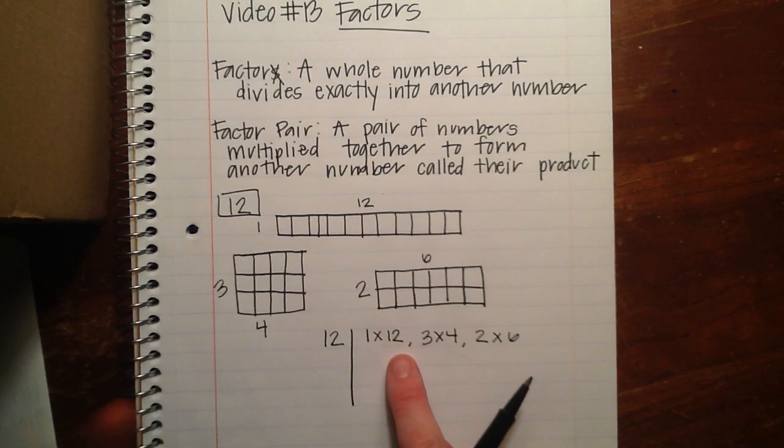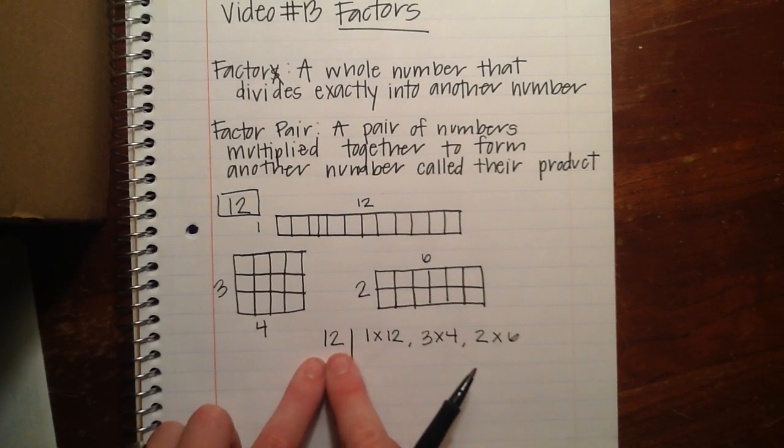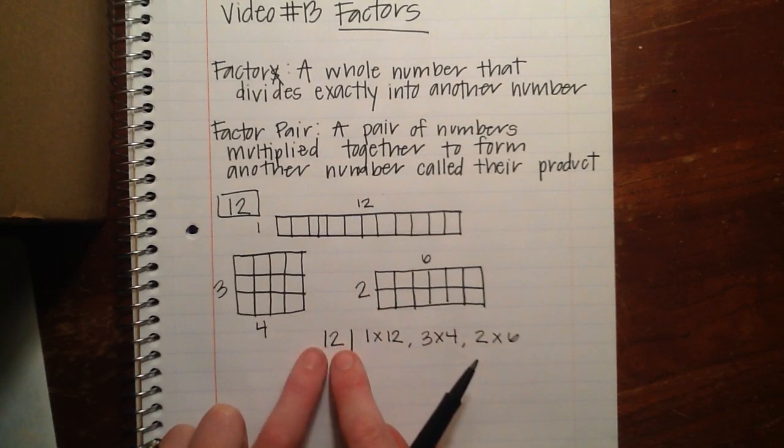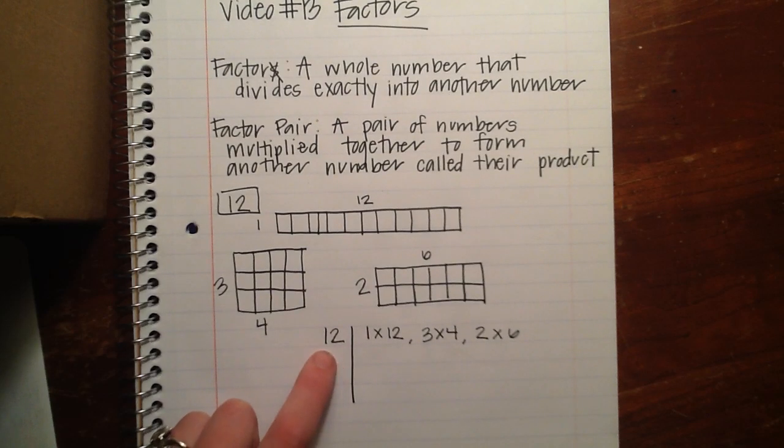A pair means 2. So 2 numbers, and then this would be our factor because it is a whole number, and it also goes as a product. Okay, so this would be our factor, and then it says a whole number that divides exactly into another number.